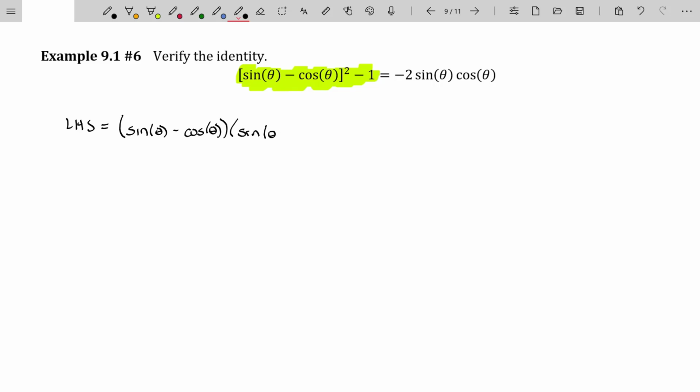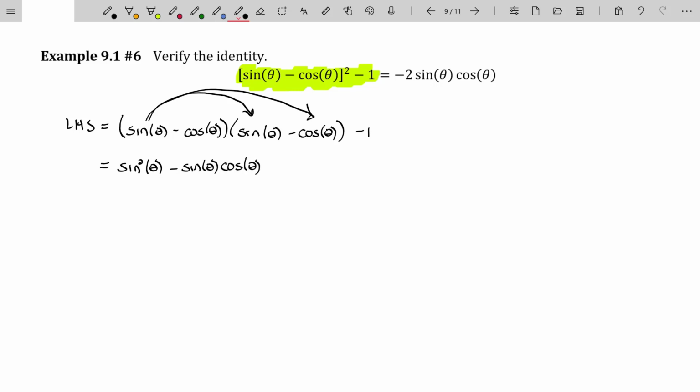So all of our prerequisite algebra skills get used throughout trigonometry. When I distribute, I get sine times sine minus sine times cosine. So that's sine squared of theta minus sine of theta times cosine of theta.